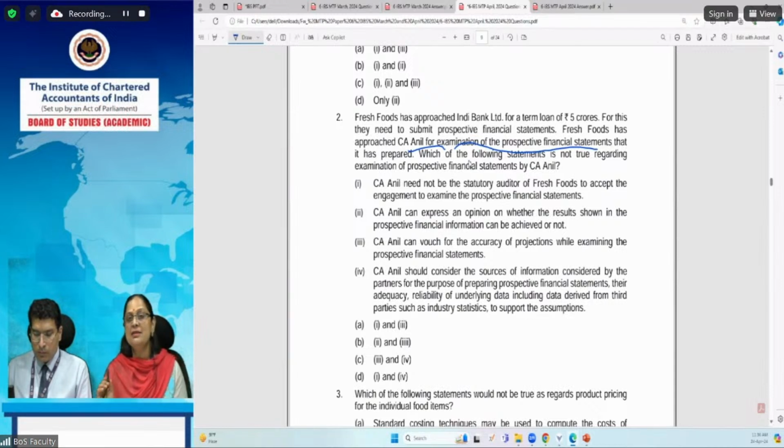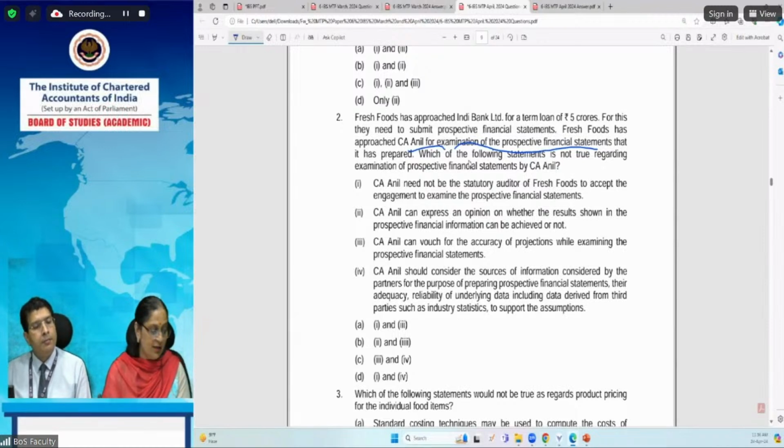So it means no specific auditing standard is applicable. Here, what is applicable is SAE, right? Which of the following statements is not true regarding examination of prospective financial statements by CA Anil? Since it is not audit, it is examination of prospective financial statements, assurance services are given.